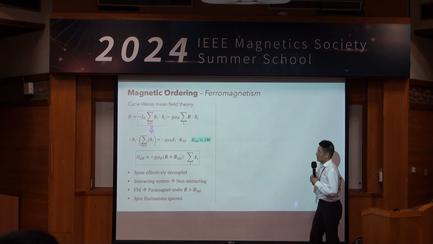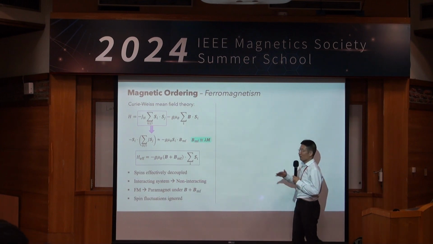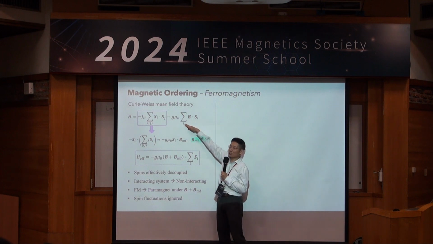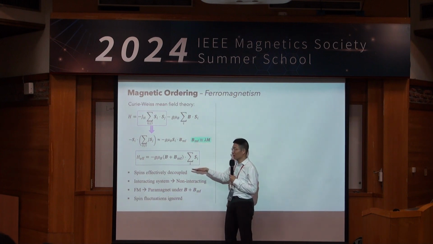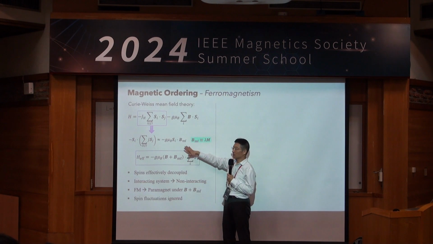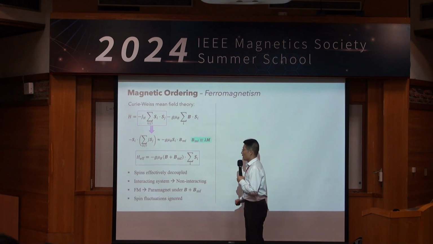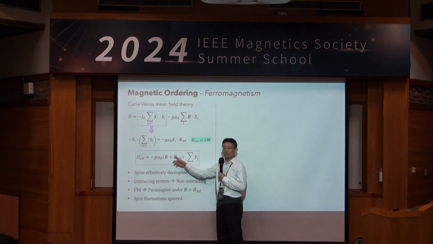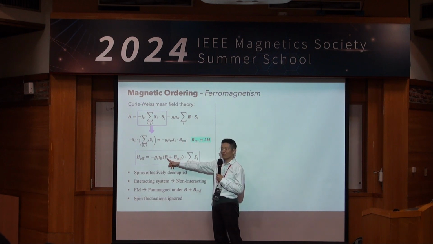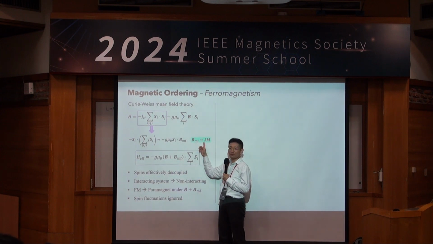So under the mean field approximation, a ferromagnetic interacting system now becomes effectively a paramagnetic non-interacting system, but the price you pay is that the effective paramagnetic system not only interacts with a real magnetic field, but also interacts with the mean field as an effective interaction.